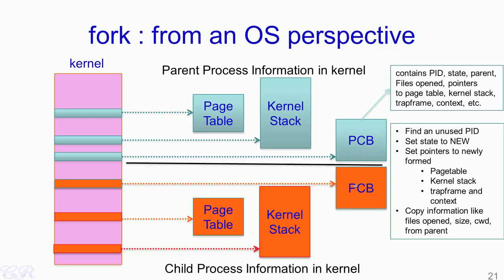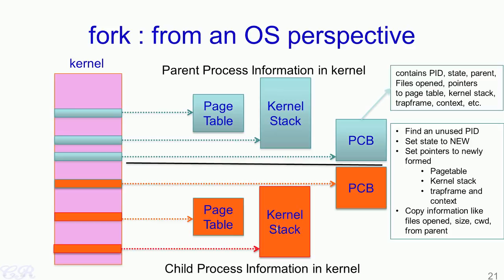In order to do this, first an unused PID needs to be found by the operating system. Then the state of the newly formed process, or the state of the child process, is set to new. Then several pointers are set in the PCB, such as the page table pointer, that is, the page table pointer would point to this particular page table.